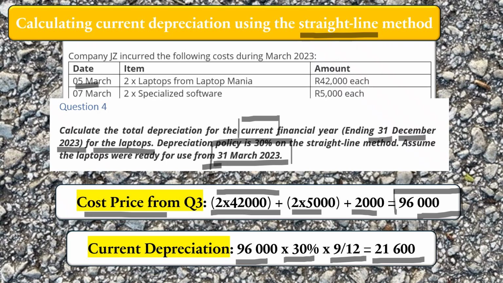So that is the current depreciation of the laptops, the wear and tear on the laptops, 21,600. We've had the laptops, been using the laptops for 9 months. So that's an example on calculating the current depreciation using the straight line method.